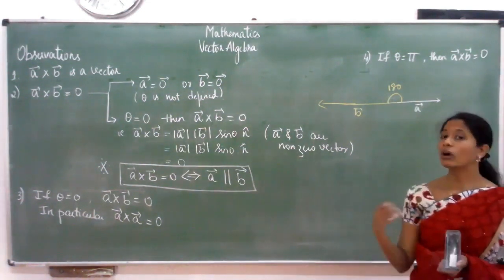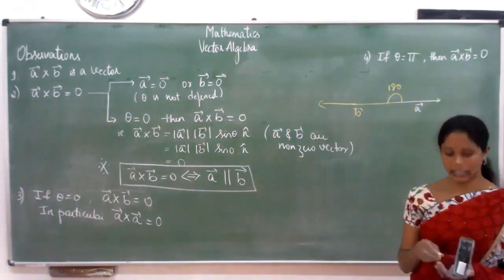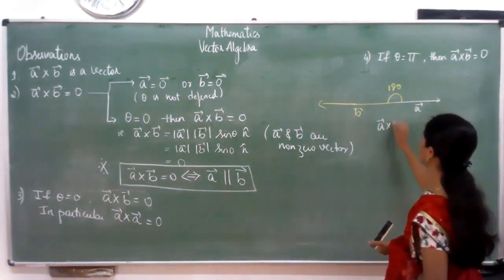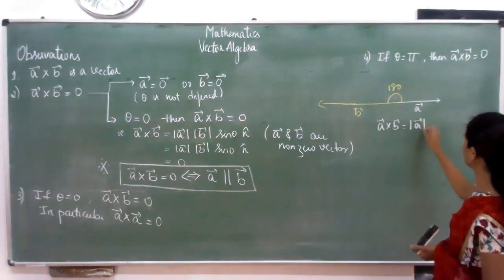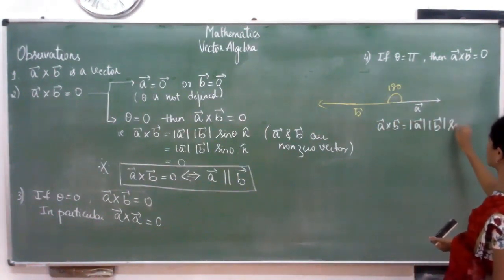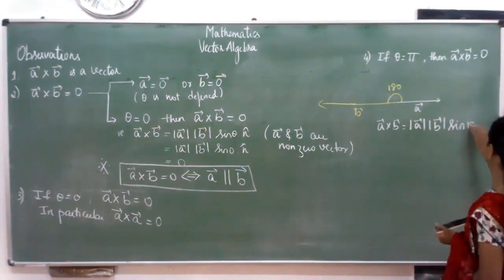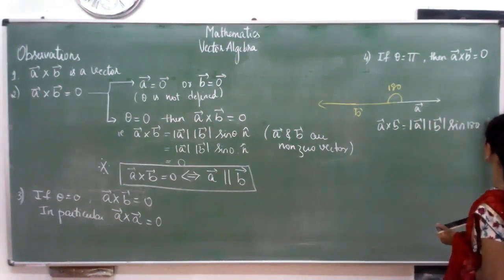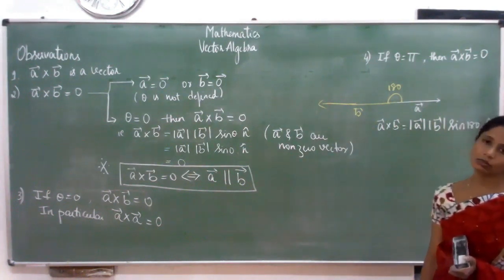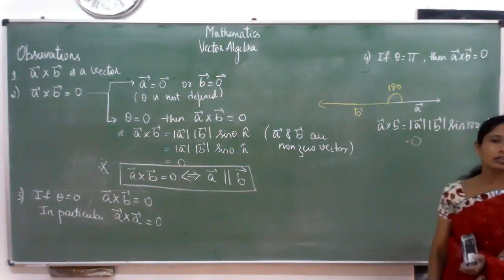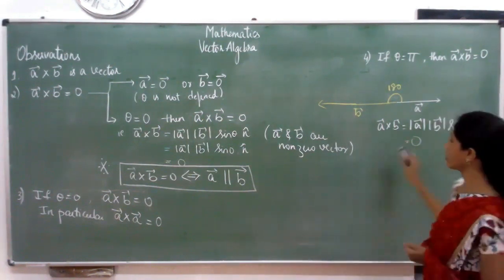The value of sine 180 is again 0. So when you apply this in the definition of the cross product, you get magnitude of vector A, magnitude of vector B, sine theta. Here the angle theta is 180 degrees, into n cap. And we know that sine 180 degrees is equal to 0. So this entire value will be equal to 0.